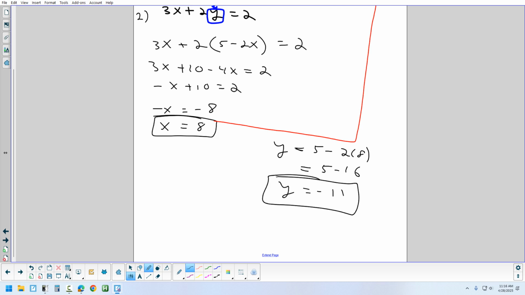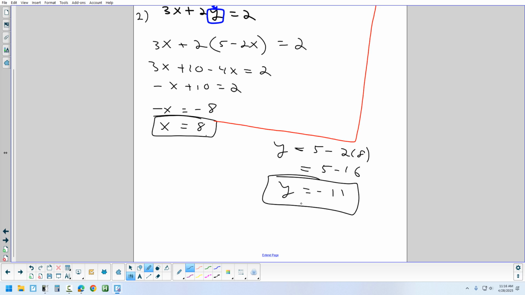So when you write your answer, you can either write it like I did right there, or if you want to write it as a coordinate, you could do 8, comma, -11. If you were to draw this, that is the coordinate where these two lines cross. Will we be drawing it this week?